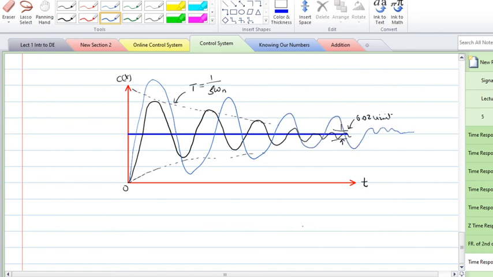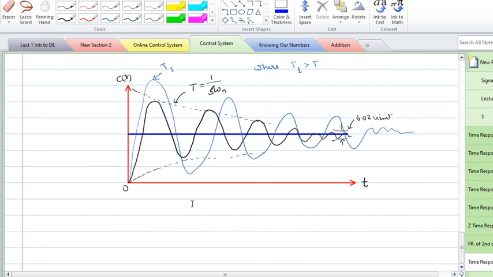Okay, this is another T. Suppose it is your T1, where T1 is greater than T. Okay.